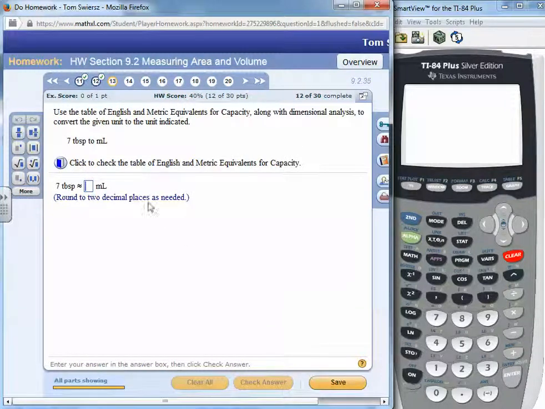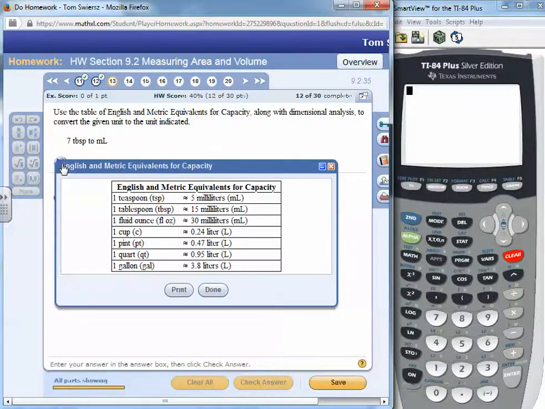Number 13, okay, 7 tablespoons to milliliters. You can click right here. TBSP is tablespoons. 1 tablespoon is 15 milliliters.